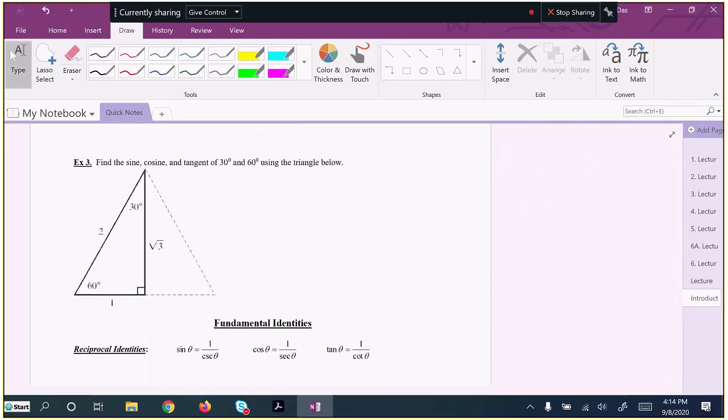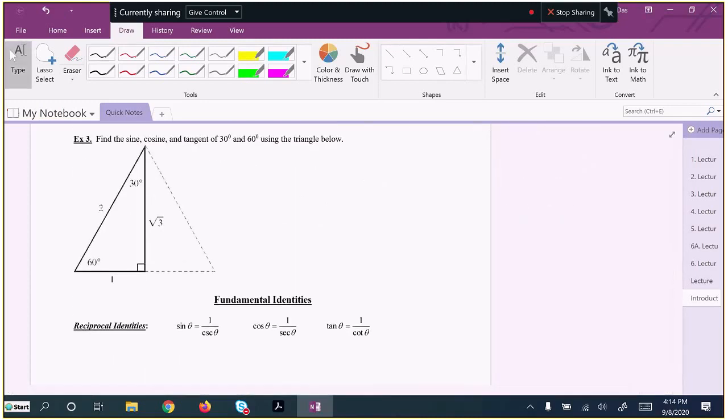As I said, the other special trigonometric values that we will learn are for the trigonometric ratios of 30 degrees and 60 degrees. So let's first do it for the base angle of 60 degrees. So this is my base angle. Then square root of 3 is the opposite side, 1 is the adjacent side, and 2 is the hypotenuse.